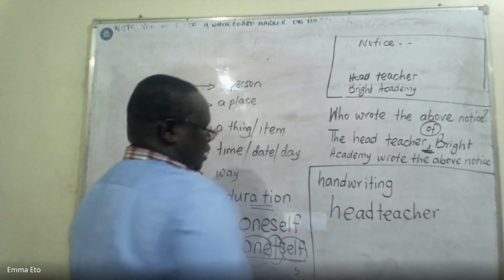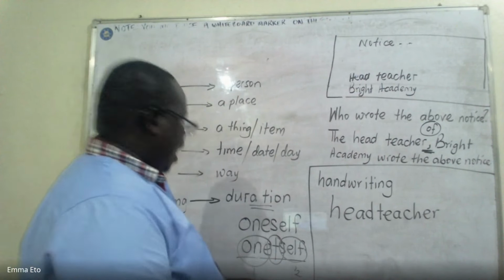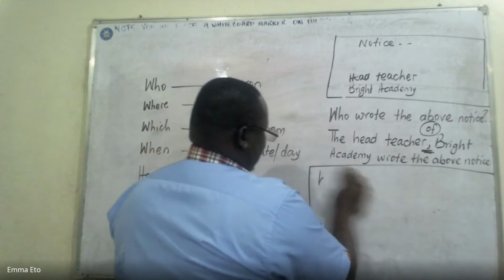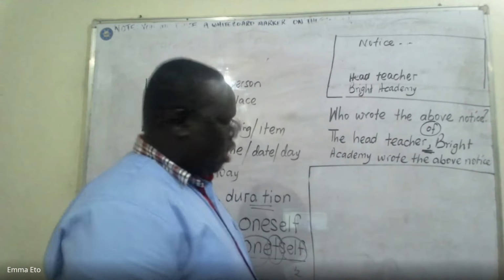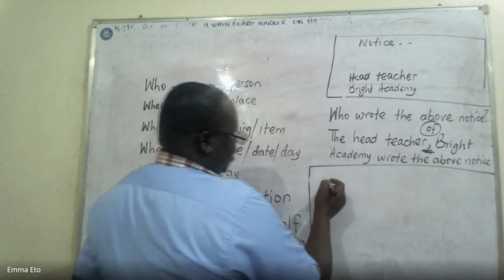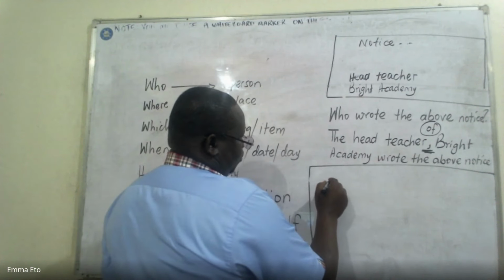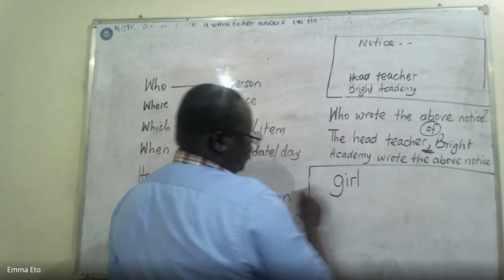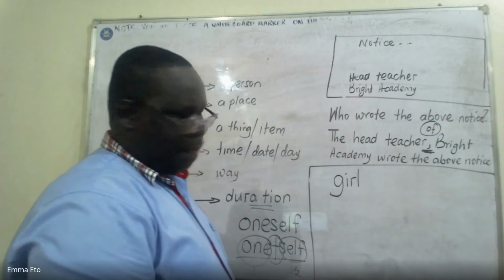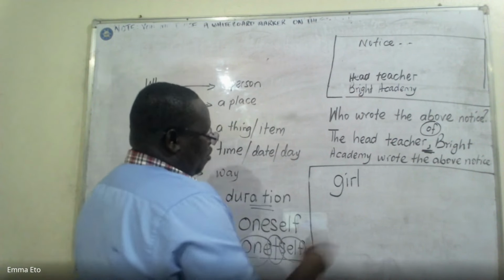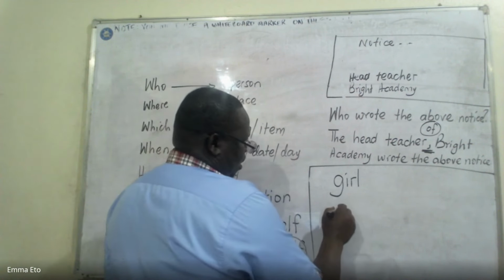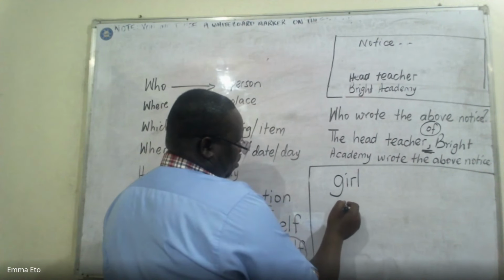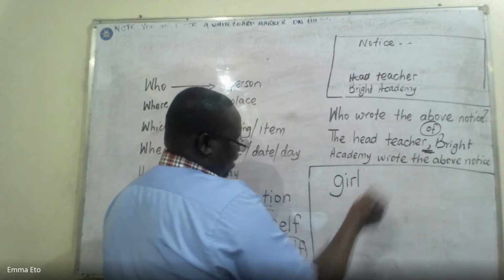The third one is doctoring. Doctoring of letters. Now, I want to write the word girl, which is written like this. But from nowhere, maybe I first write, let me give an example of boy.